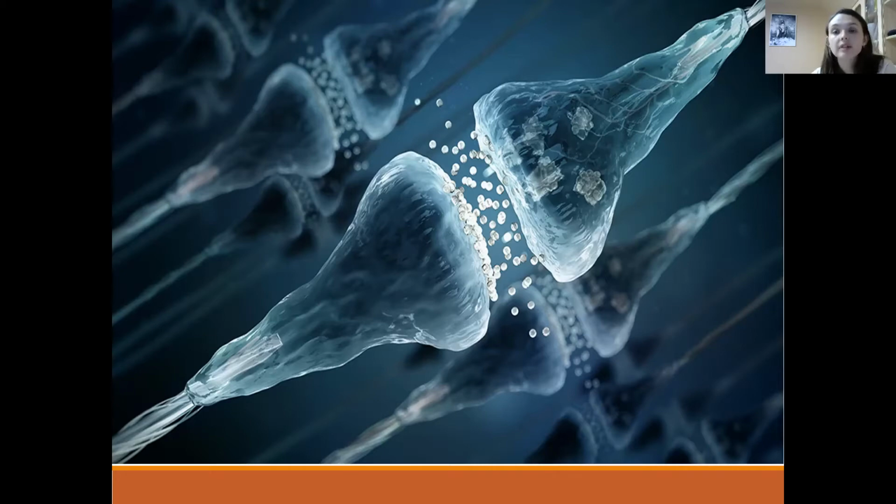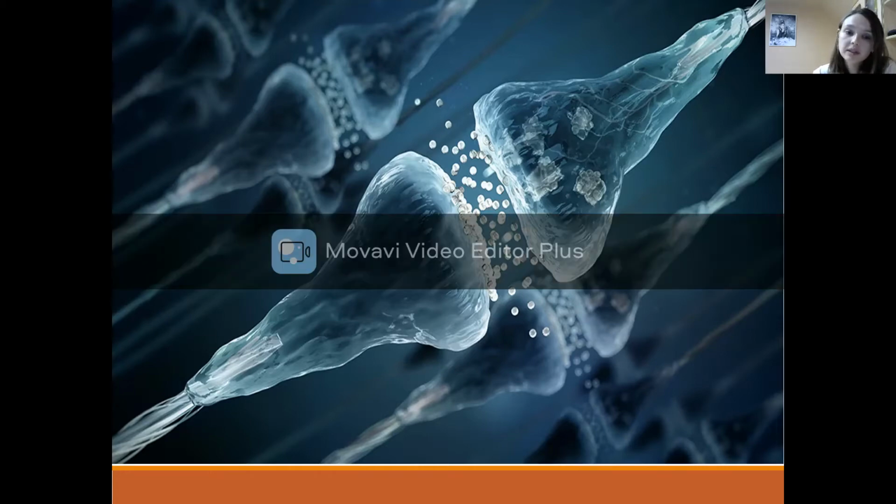That is why, for you, as future doctors, it's important to know the structure of the synapses, their main function, what kind of neurotransmitter is released in those synapses, and what kind of effect it has.